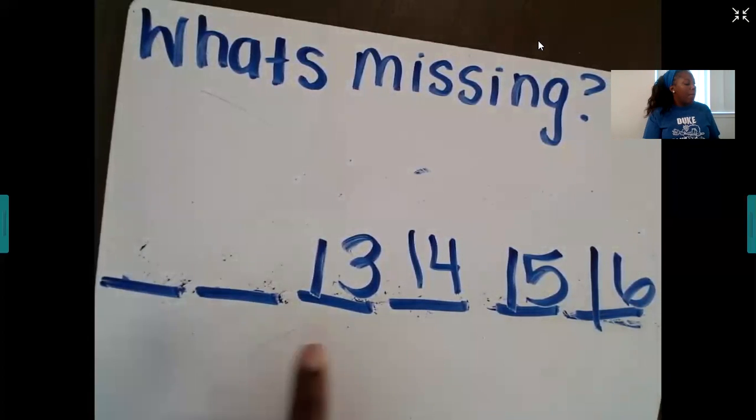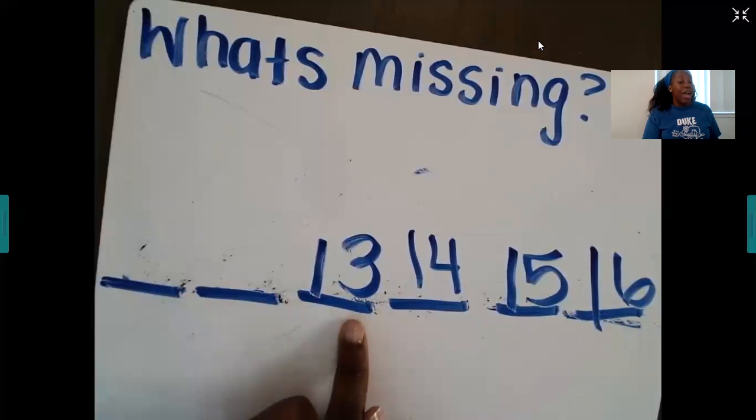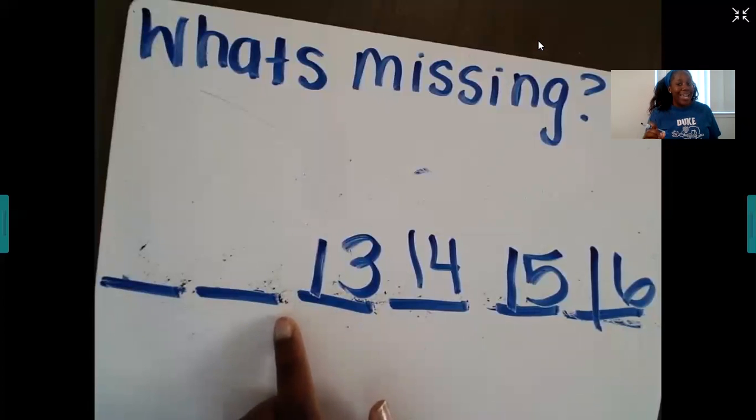That's good. But now you have to find what number comes before 13. It's a little harder if you don't know your numbers that great, especially your teen numbers. So let me give you a strategy that can help you. If you're at 13 and you need to know what comes before it, go back to that 10 and start there and count up to help you find it.